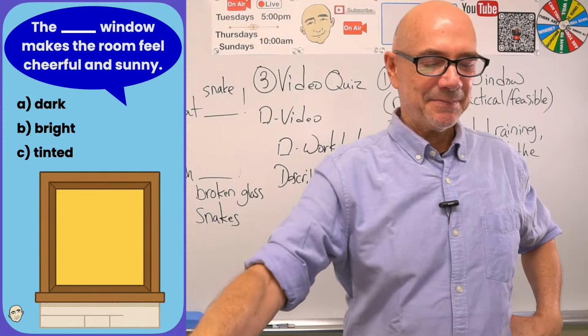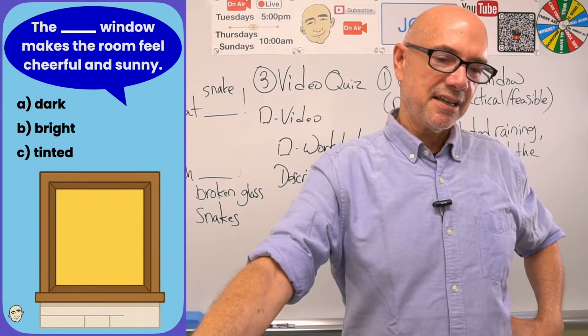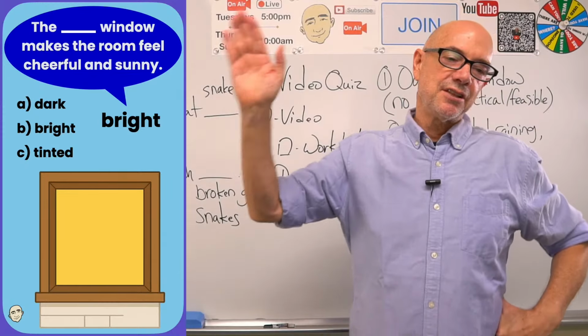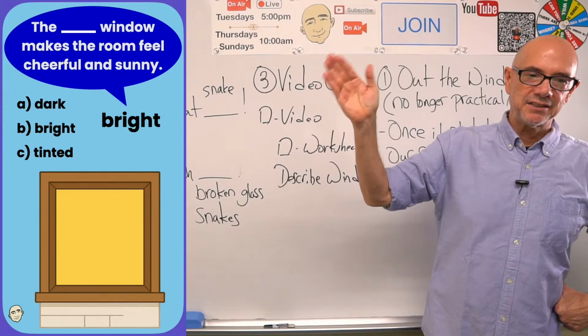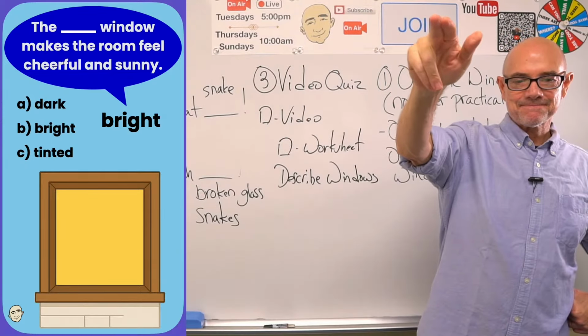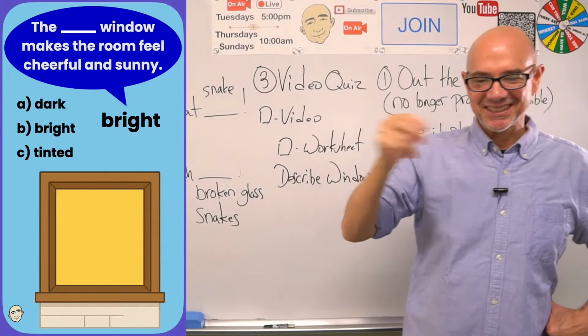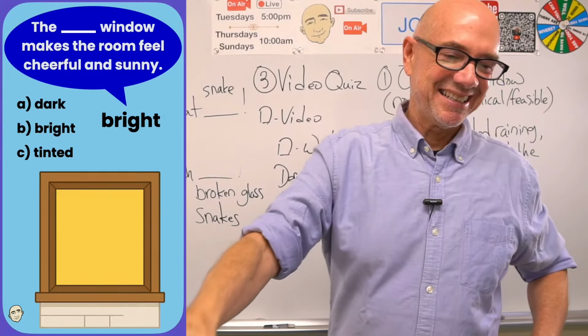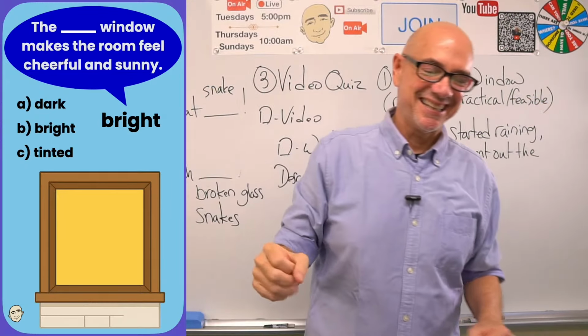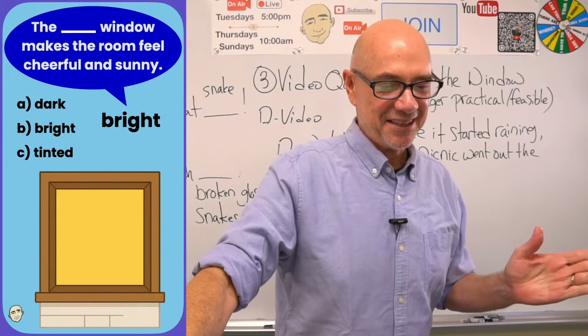Okay, you got it. I think this is the last one. Then we'll do the worksheet. Yeah, so the bright window makes the room feel cheerful and sunny. Yellow, good, good. Well, the yellow means it's bright.